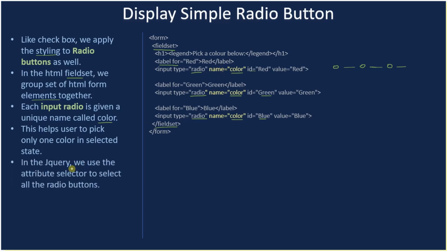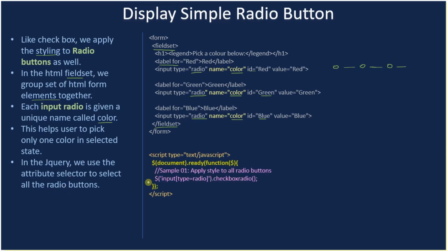In jQuery, we use the attribute selector to select all the radio buttons. This is our selection rule in jQuery: input is the tag name, and within the square brackets we give type equal to radio.